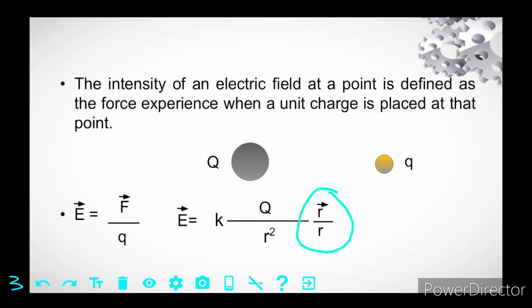This is nothing but the unit vector. To understand the concept of unit vector, just watch my second video on Coulomb's law. This remains the same in this case also. At this point, the electric field direction is along the line joining the two charges, and the unit vector will be along this direction. So this is all about the electric field.